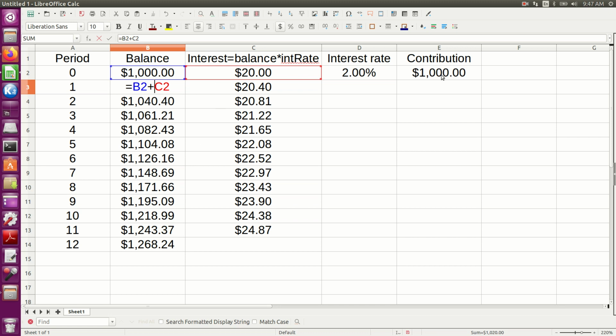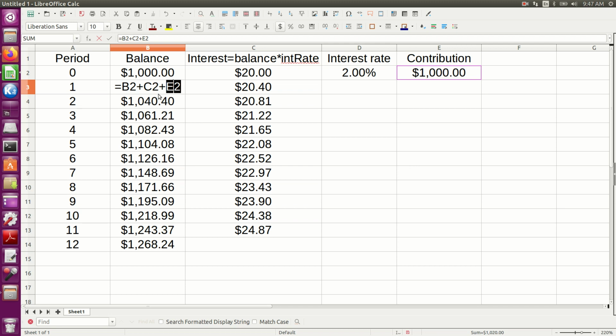But now every period, at the beginning of the period, I'm going to toss in this other $1,000. Once again, I could type $1,000 here, but I have that number here. Do not type $1,000. Click on that E2, and there I've just added my contribution, and there's my $1,000.